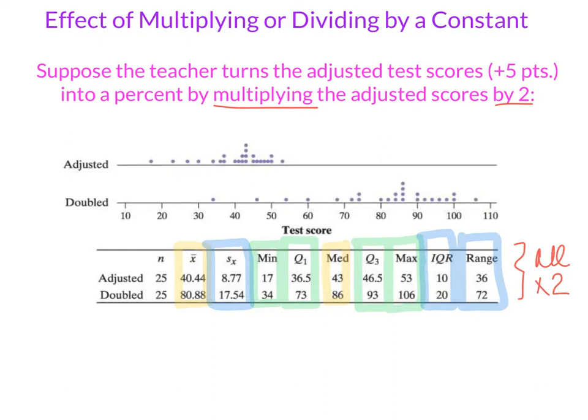Obviously, N, the number of scores, didn't change, but every other measure, center, variability, distribution, all that good stuff, doubled. But look at the shape. The shape still goes up and then comes down a little bit. Still goes up and comes down a little bit. It's a little stretched out in terms of this one, but the shape actually doesn't change. The shape's the same, but everything else doubles.